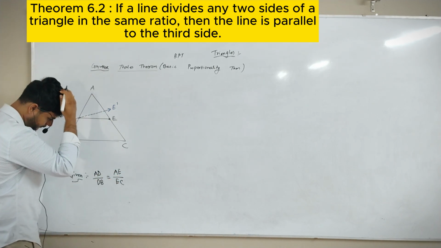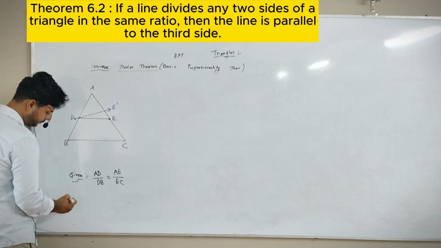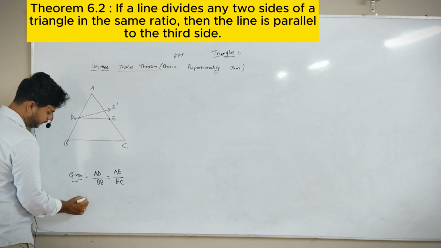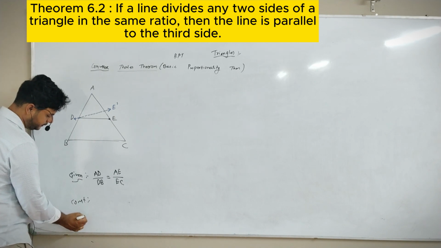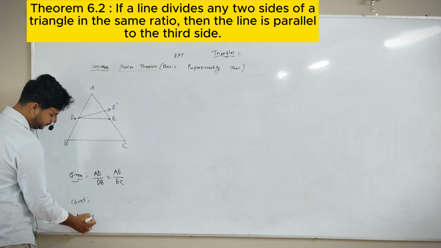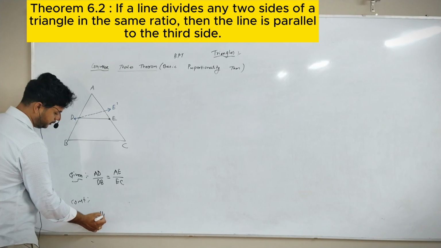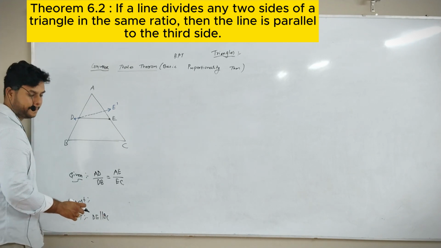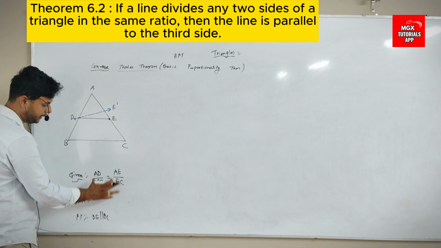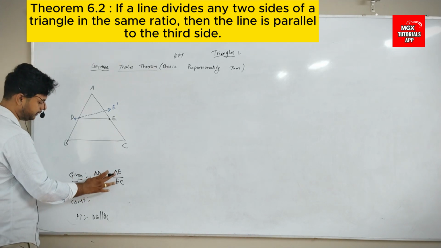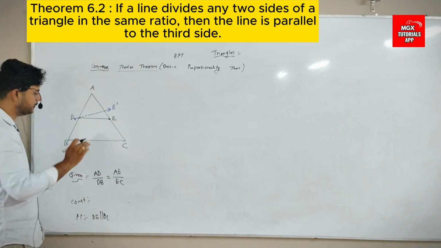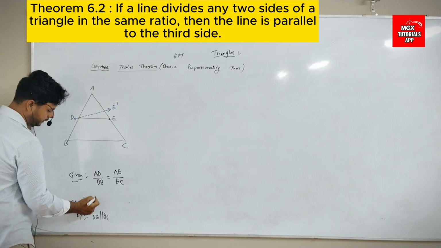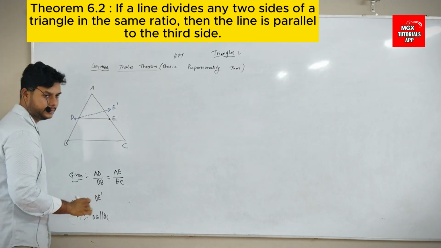Then the line is parallel to the third side. I should prove that DE is parallel to BC. Understood? In the last sum, DE parallel to BC was given and I proved this. Here, this is given and I should prove this one. Only one construction: draw an imaginary line DE dash.